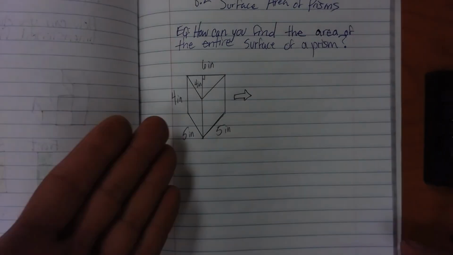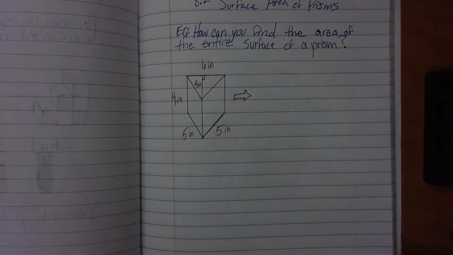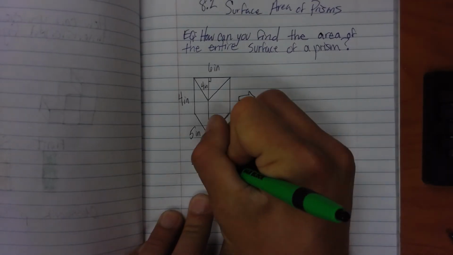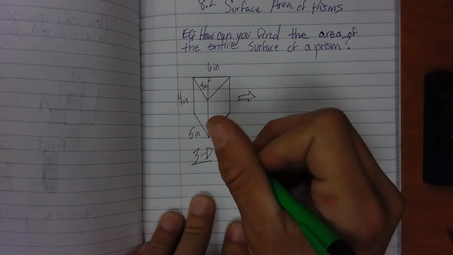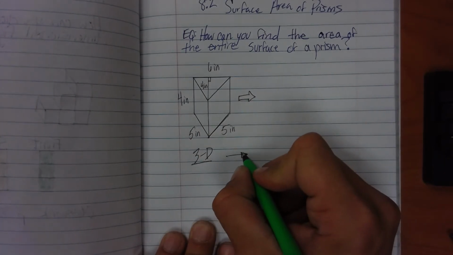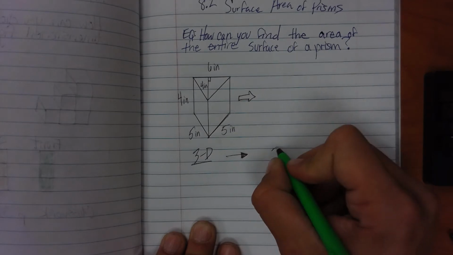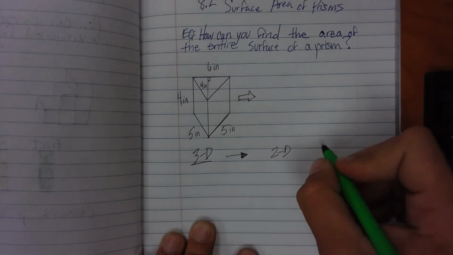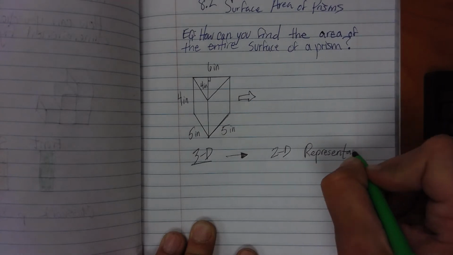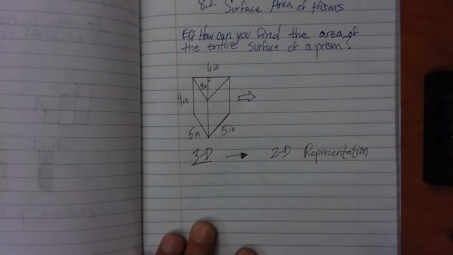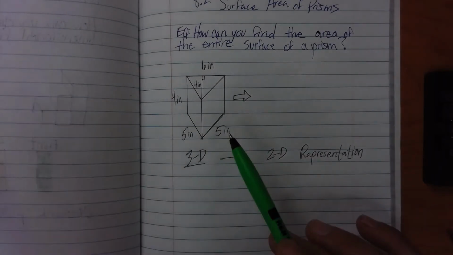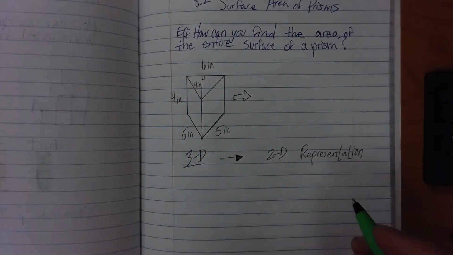And what you want to do for these is, this is a three-dimensional, right? This is 3D. And it is a triangular prism, and we're going to do a 2D representation. So I'm taking it from my 3D here, and I'm going to make it 2D, or very flat.